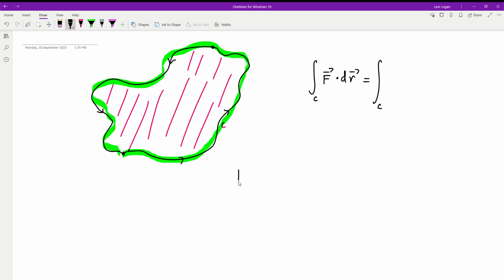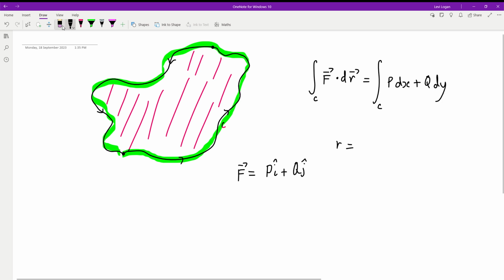For example, a vector field is given as a function in the x direction, let's call that P, and a function in the y direction, which is called Q. So you can rewrite this expression as P dx plus Q dy, because this r will represent x and y anyway.